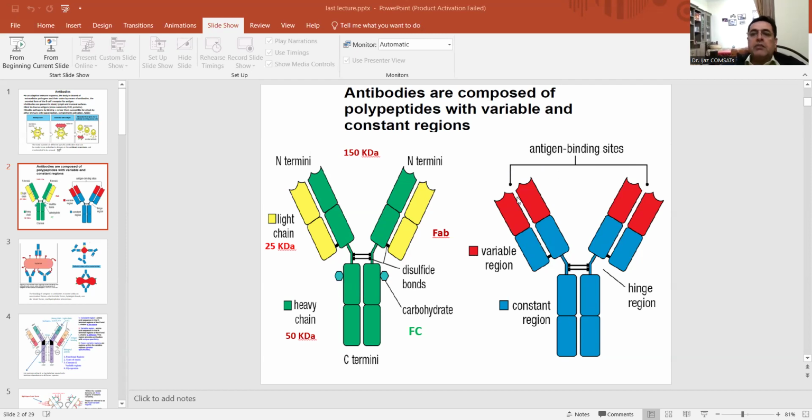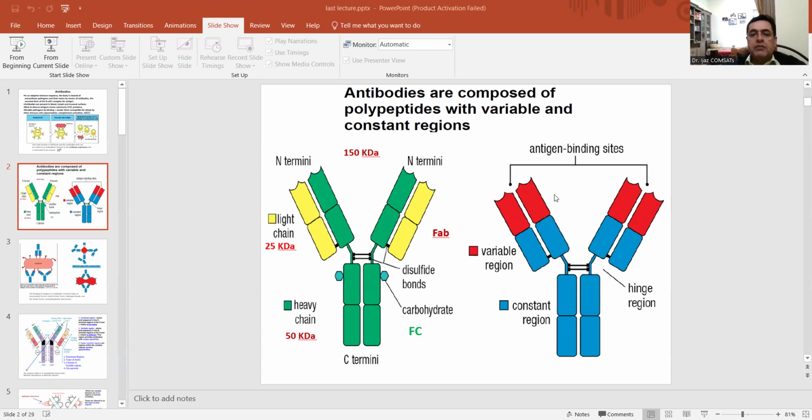And now in today's lecture, we would discuss the genetic basis of this variation, that how this variation is ensured, because there are lots of different types of antigens, and these antigens would always find a suitable antibody molecule on the surface of a B cell inside our body whenever they infect us.